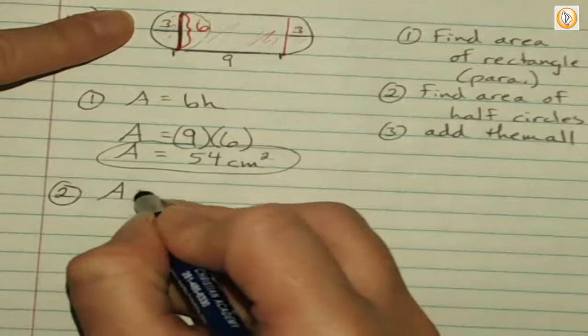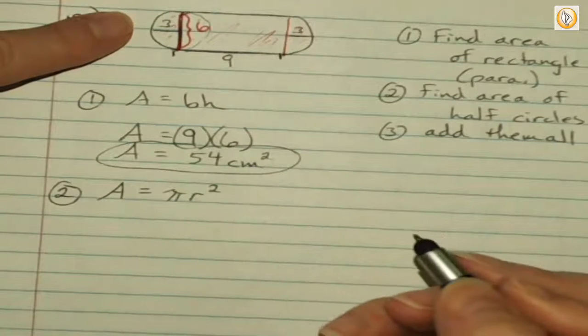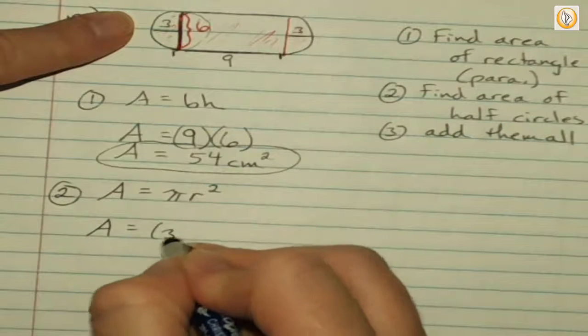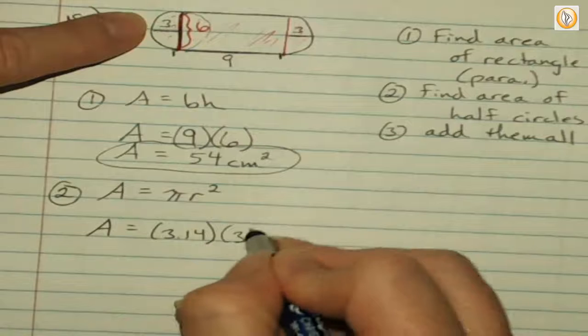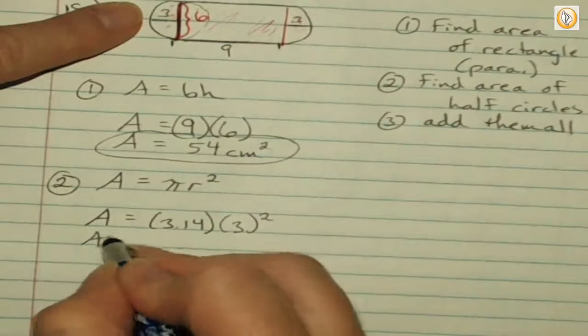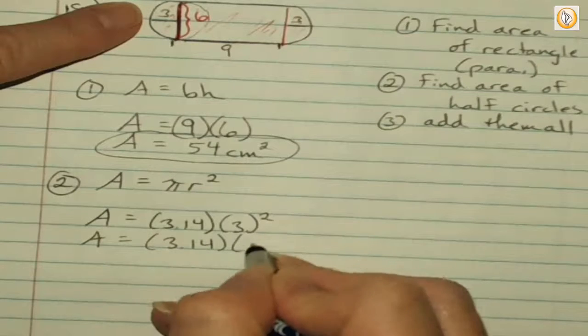To get the area of a circle, it's pi r squared. Pi is 3.14. The radius is 3 squared. That's 3.14 times 9.